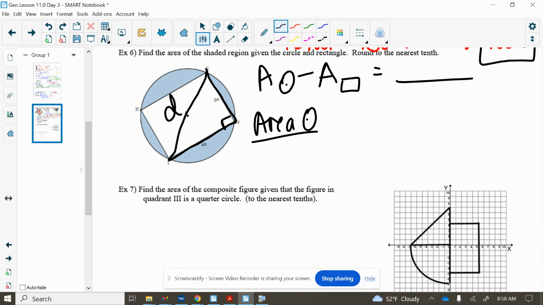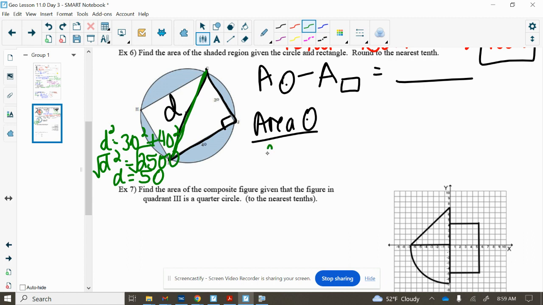And we can find that diagonal value by using the Pythagorean theorem, because the diagonal squared is going to equal the two sides squared and added together. So that's 2,500. And when we square root, our diagonal ends up being 50. And that again is the diameter of our circle.